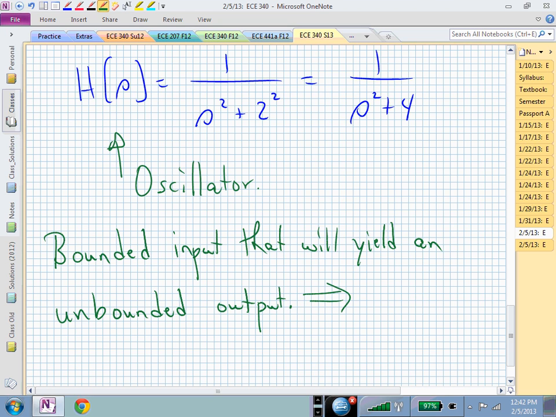Any suggestions on how I could select a bounded input that would produce an unbounded output?